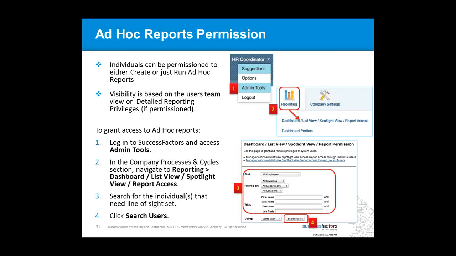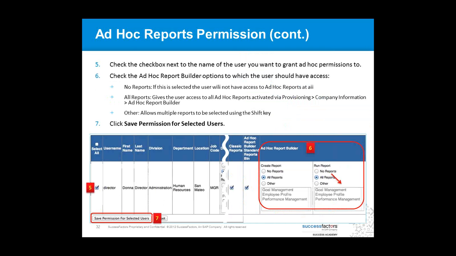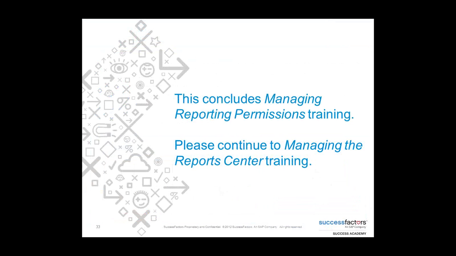You can search the user after entering the first name, last name, or the username, and save the permissions for the ad hoc builder for all reports. And that includes the permissions as well.